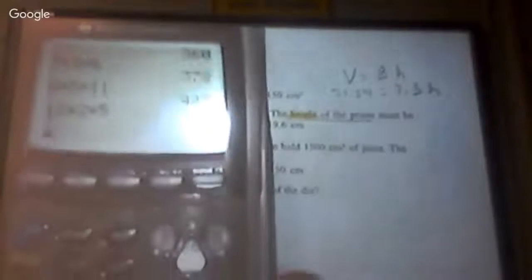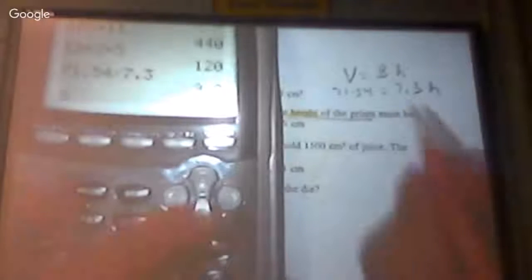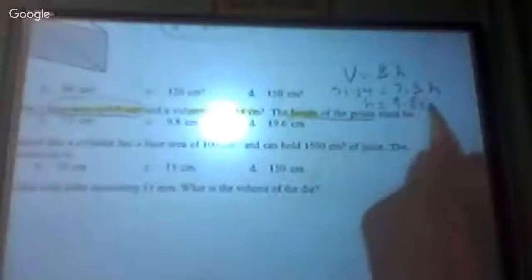So on a calculator, we would divide 71.54 divided by 7.3, and we would get 9.8 centimeters.